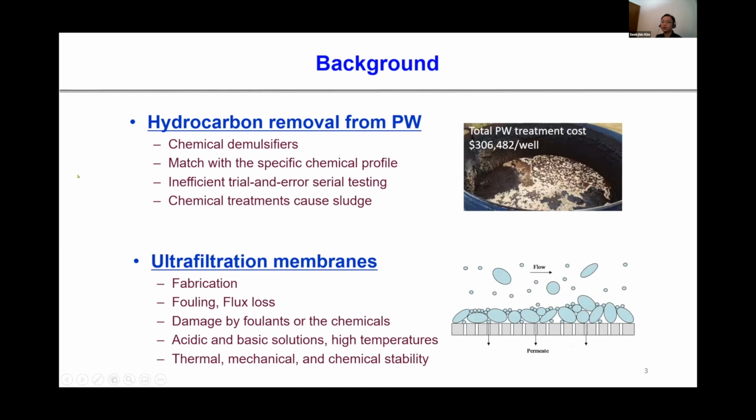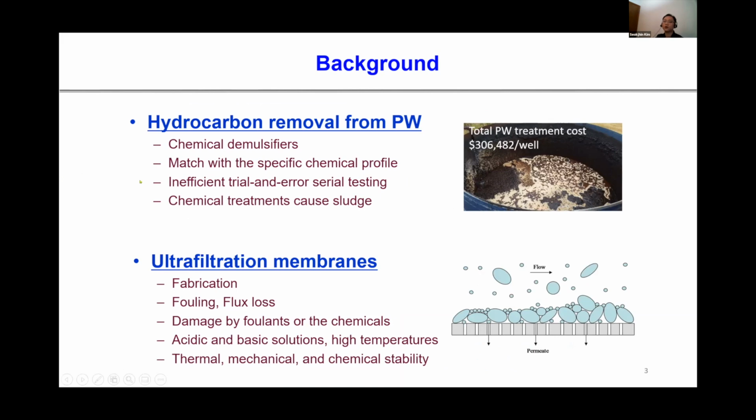In order to remove hydrocarbons from produced water, chemical demulsifiers are needed to remove the surface active agent from the oil-water interface. Chemical demulsifiers must match the specific chemical profile of produced water.